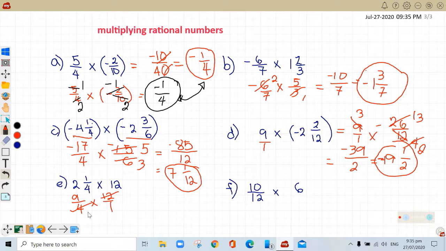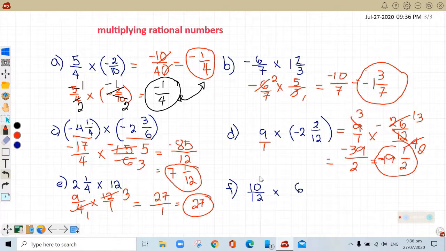So 4 divided by 4 is 1. 12 divided by 4 is 3. Now let's multiply. 9 times 3 is 27 over 1 times 1 is 1. So 27 over 1, since the denominator is 1, the final answer will be a whole number, 27. And that's the answer.